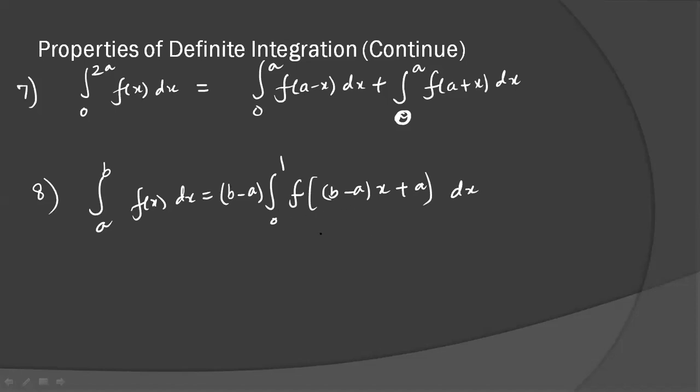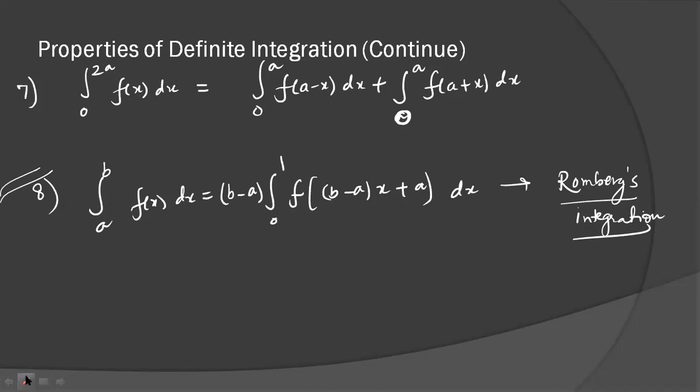It is not a very useful property here, but it will be useful in the numerical part. It is Romberg's integration concept. We will use this substitution in the two-three point formula for evaluation of the integration in numerical analysis. This will help a lot.